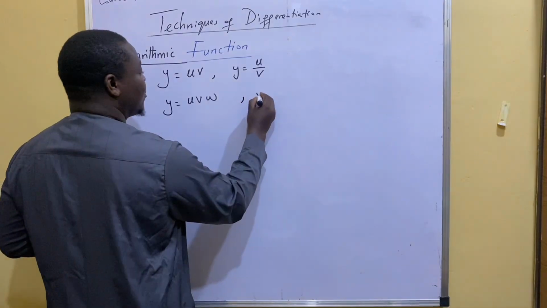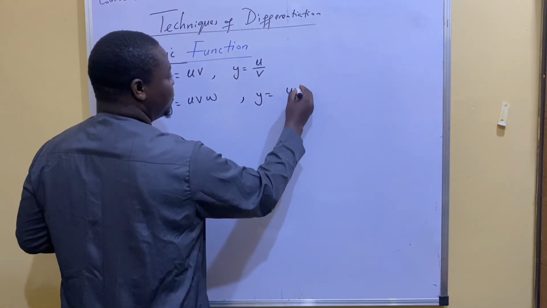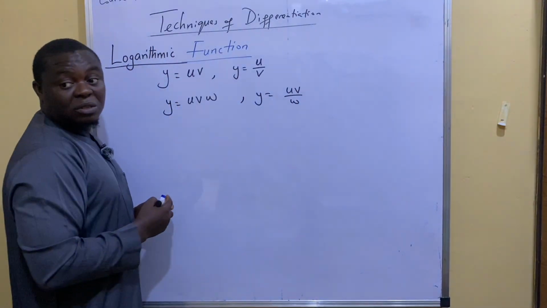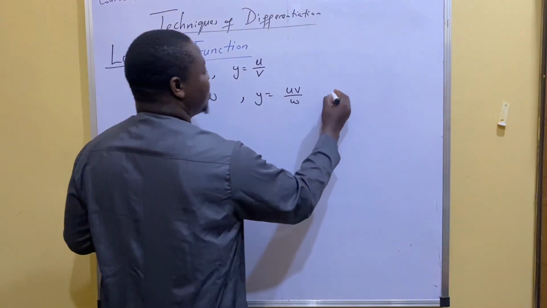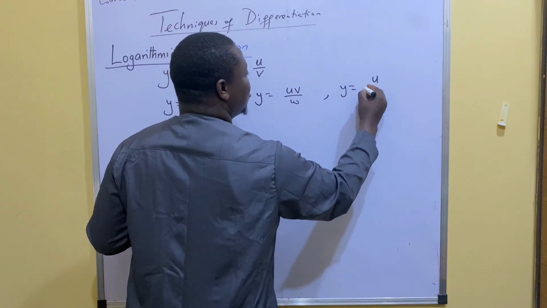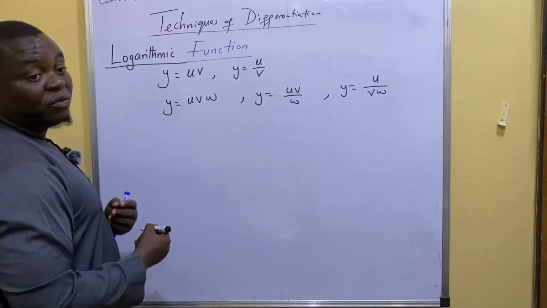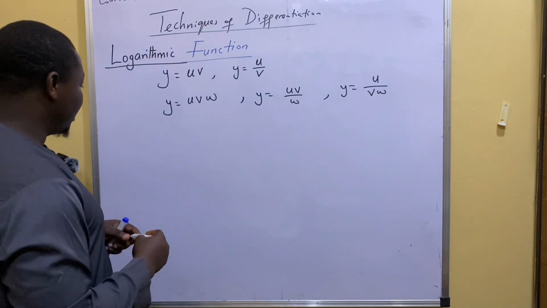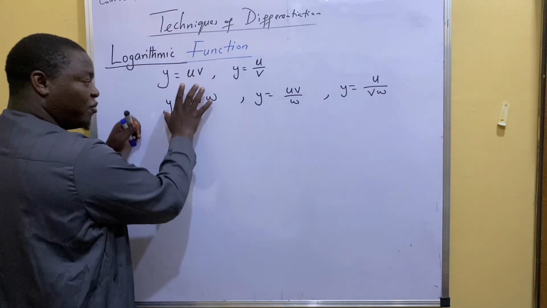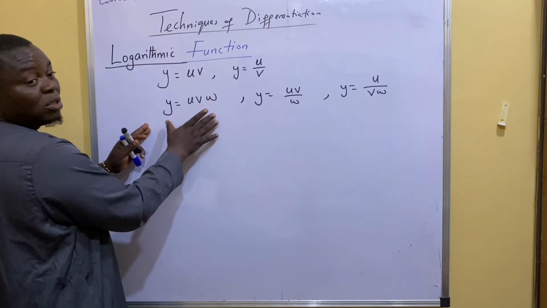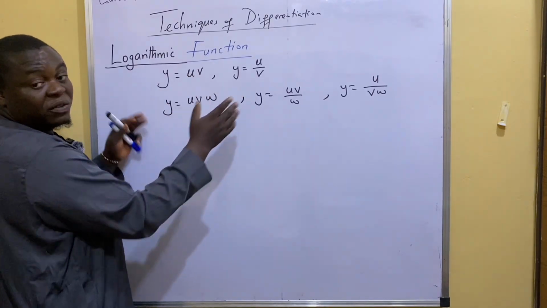Something like this, y is equal to uv over another function w, or possibly something like y equals u over vw. Okay, so that is the idea of the logarithmic function. So let's see how we apply it to form the product rule formula for the product of three functions.